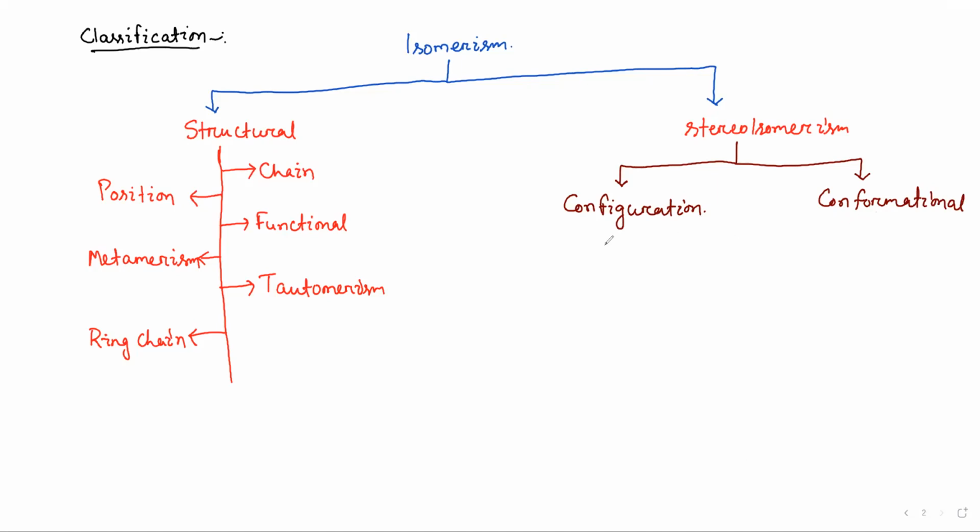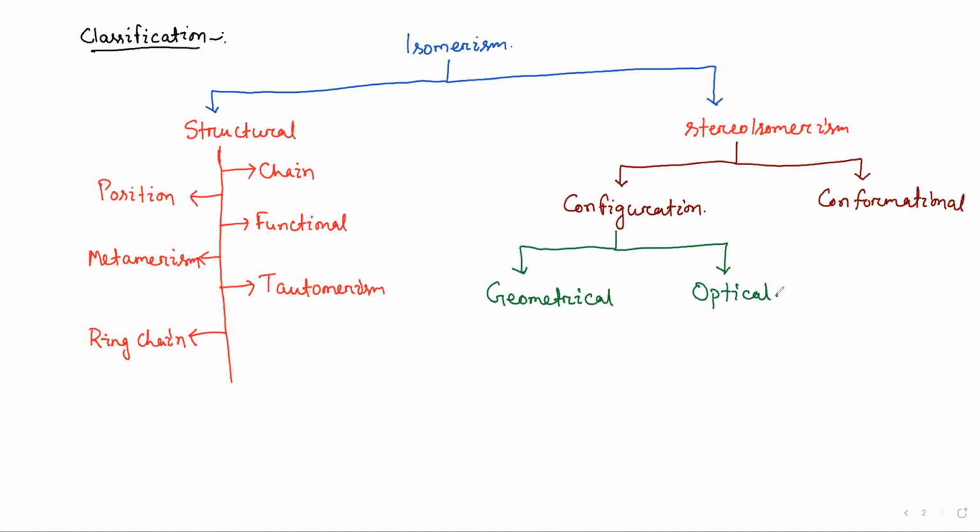Again, configurational isomerism is of 2 types. One is geometrical isomerism. Another is optical isomerism.